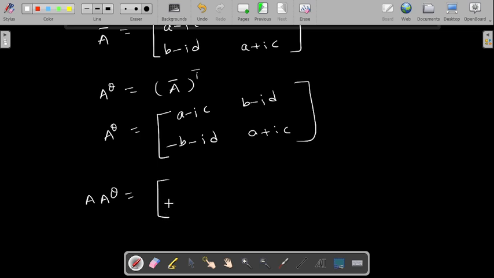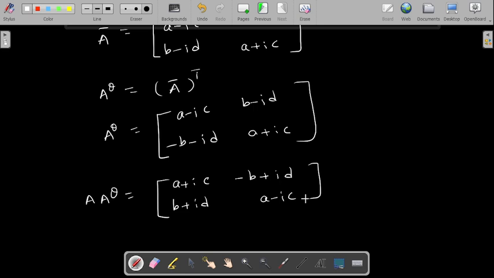So now the A matrix: A plus iC, minus B plus iD, next B plus iD, next A minus iC.